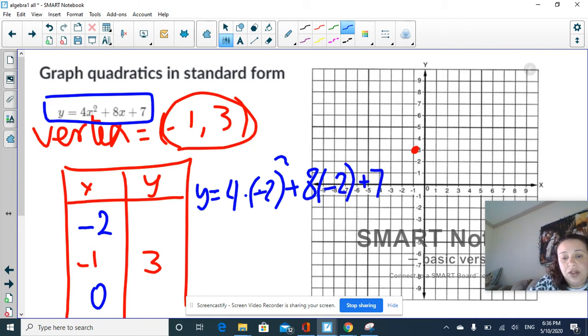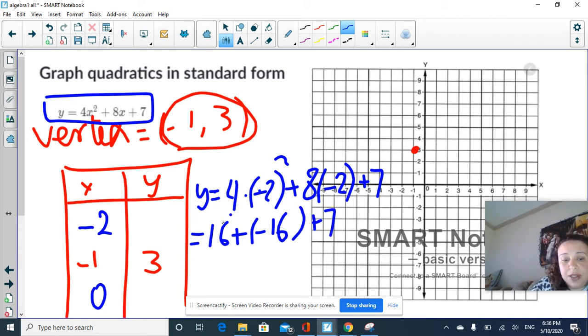Let's find the value. Y equals what? When x is negative 2, y equal 4 times negative 2 squared is 4. 4 times 4, 16, plus 8 times negative 2 is negative 16, plus 7. If you look here, you have positive 16 and negative 16 will give you 0. Then you have the value of y is 7.